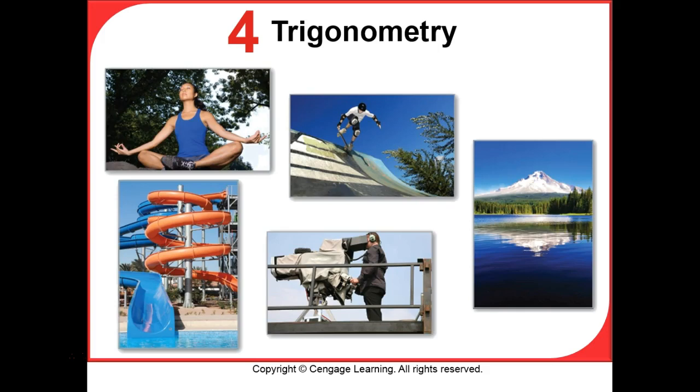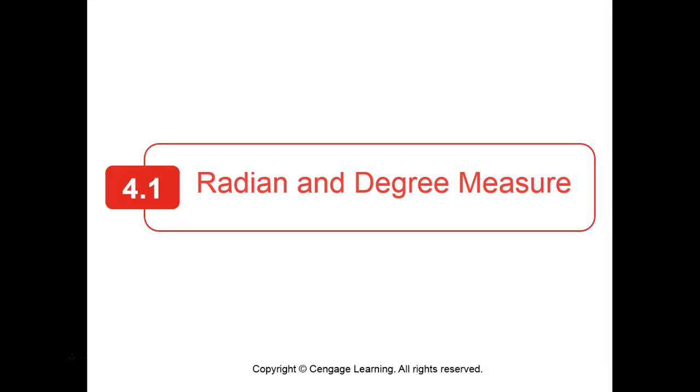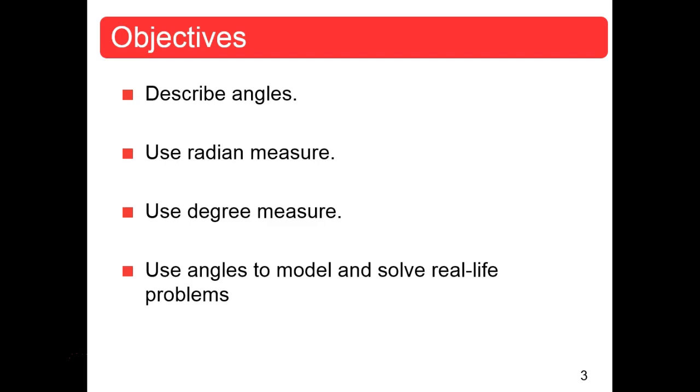Now, it's going to be a while before we even mention a triangle in the course. Because what we do, this book, and most other books do too, is start somewhere else. And the 4.1 is starting with radian and degree measures. These are the things we measure the triangles with, but we don't start with triangles. Okay? Where we start here is we will describe angles.